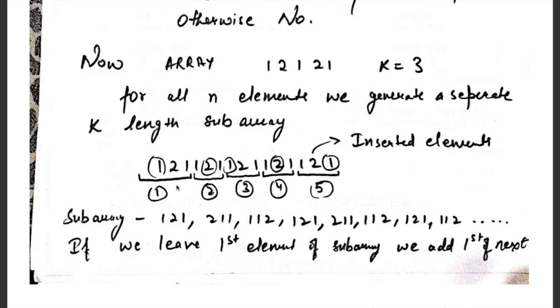So we have constructed a subarray of length k, and we have added it 5 times in our answer, that is the length of n. So the total size of our answer should be k times n. At most, the size of our answer should be kn, and we know that the ranges of k and n are at most 100.